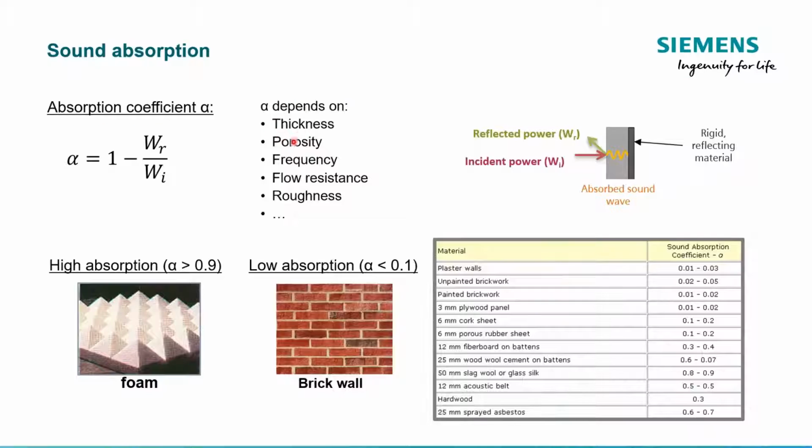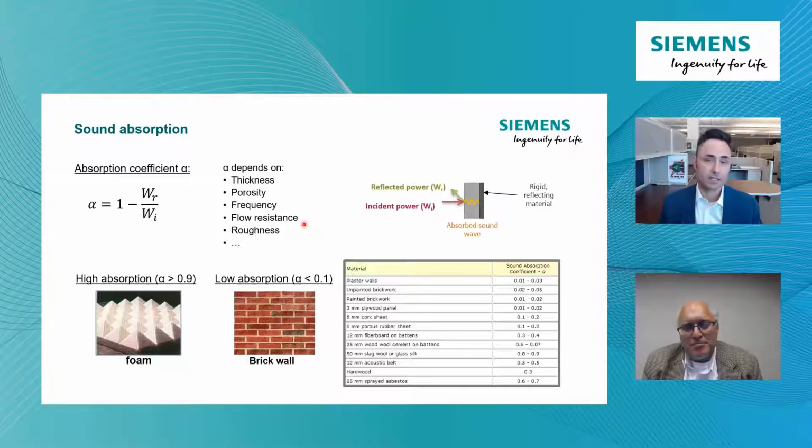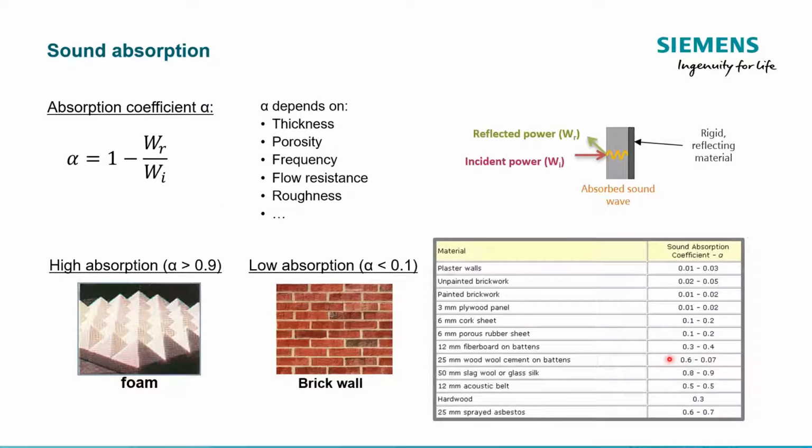And typically alpha will depend not only on thickness, as we'll see in terms of frequencies that are absorbed, but really the porosity, how well air flows through the material. If there's a lot of air resistance or flow resistance for the air, it's going to be a better absorber because it's going to be better at converting sound into heat.